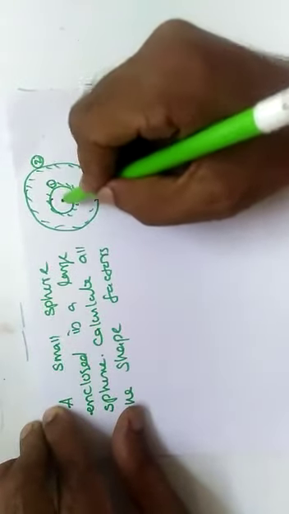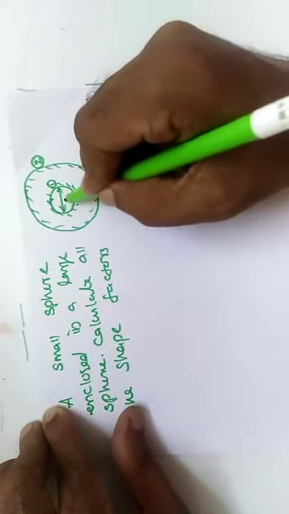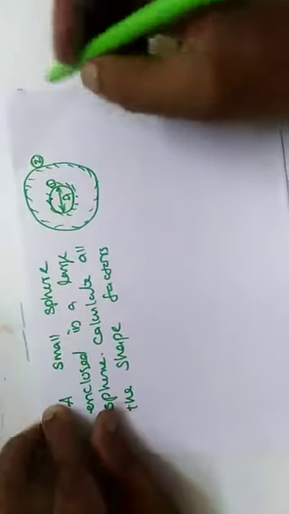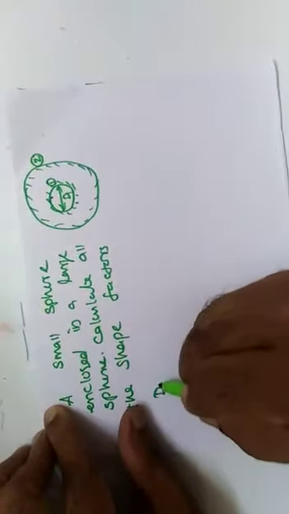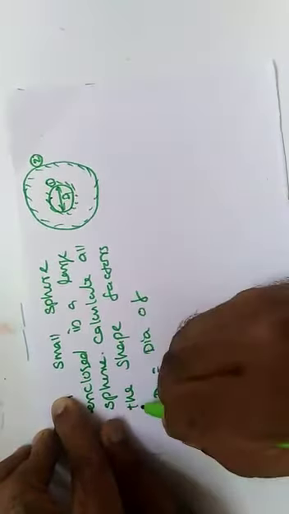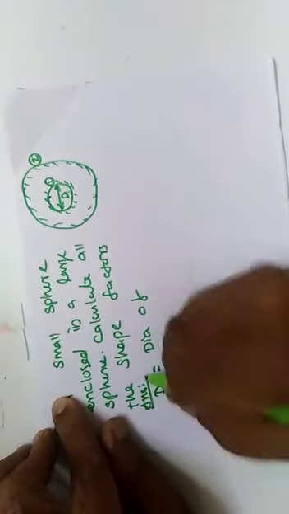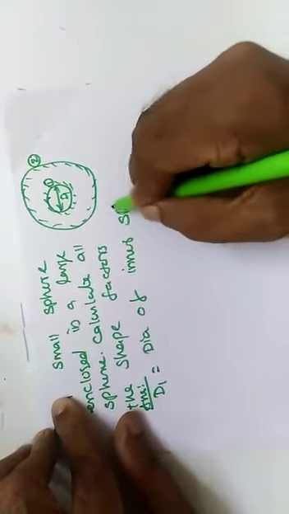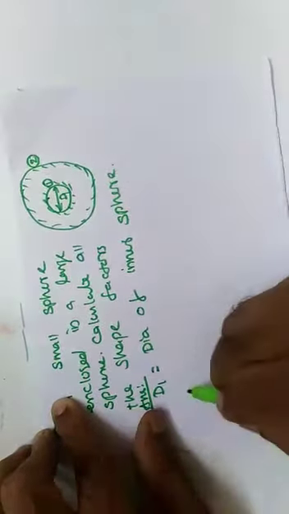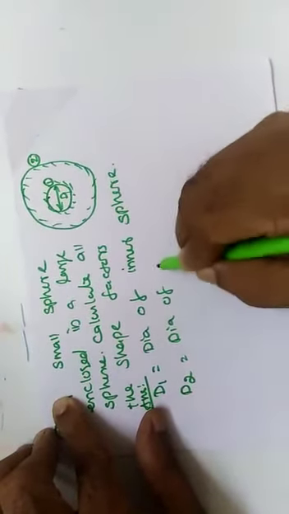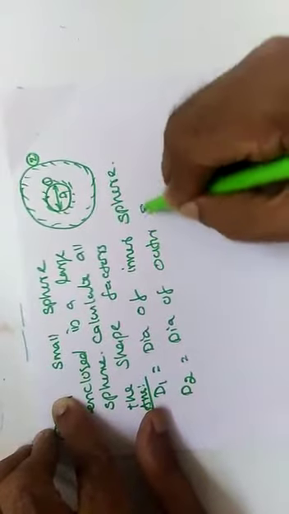Let the diameters of the spheres be D1 as well as D2. D1 equals diameter of inner sphere and D2 equals diameter of outer sphere.